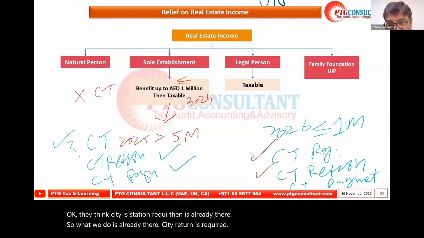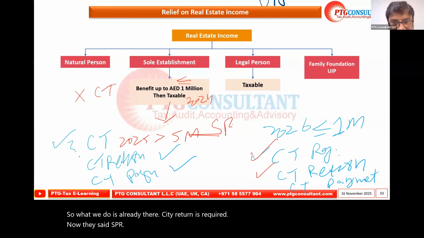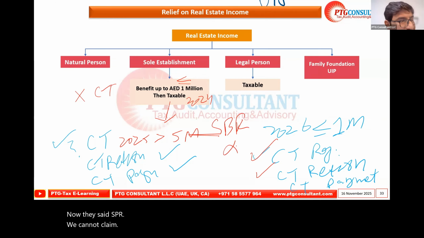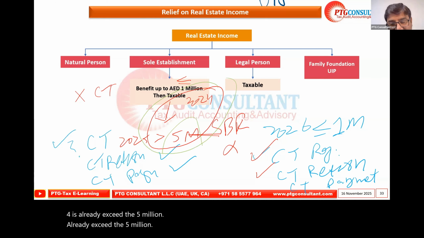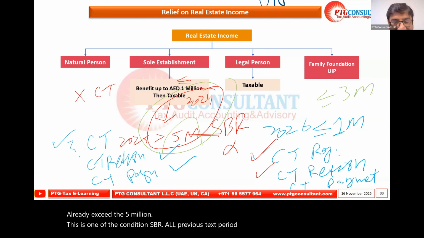Now they said SPR we cannot claim. Why? Because in 2024 it already exceeded the 5 million. This is one of the conditions for SPR: all previous tax periods must be less than 3 million.